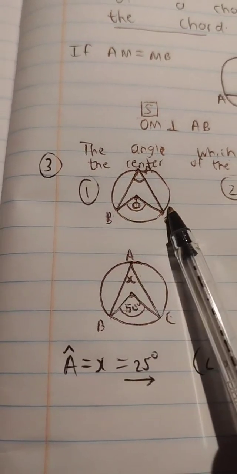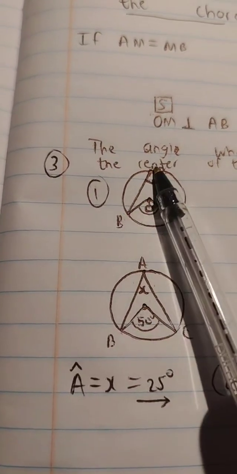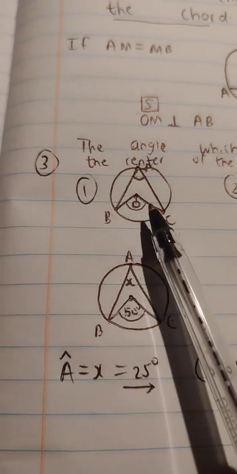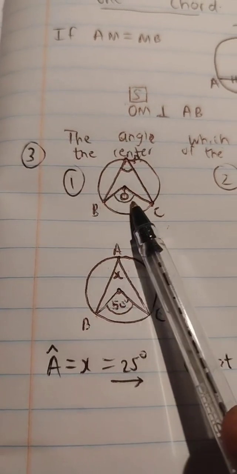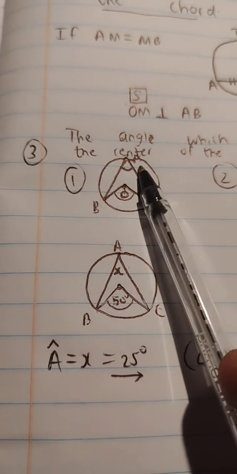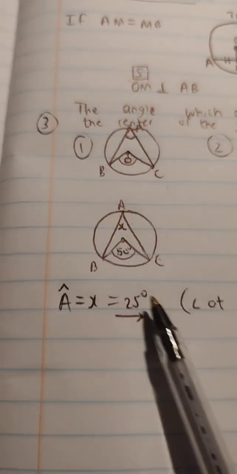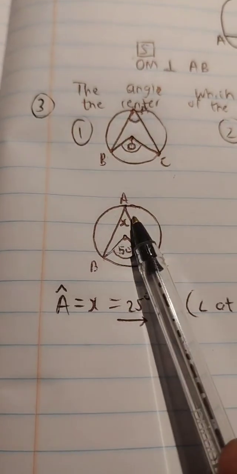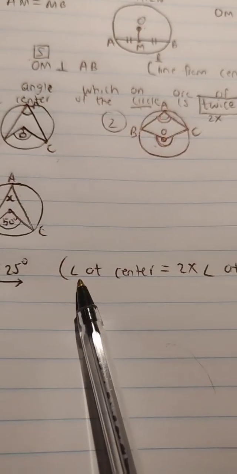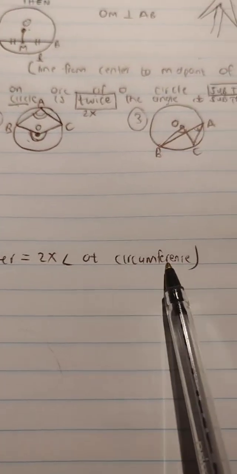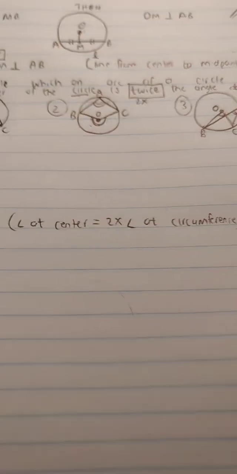The same arc BC subtends angle A at the circumference. This angle is twice the angle at the circumference. So if that is 50, that is obviously 25 degrees. And our reason is angle at the center is equal to 2 times the angle at the circumference.